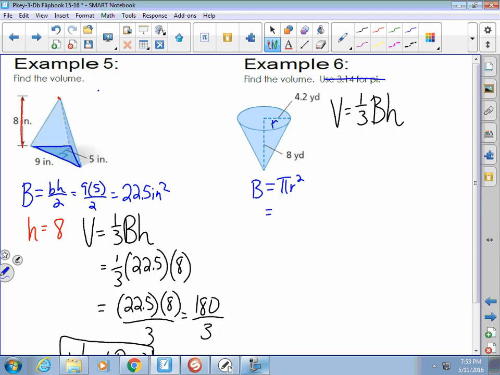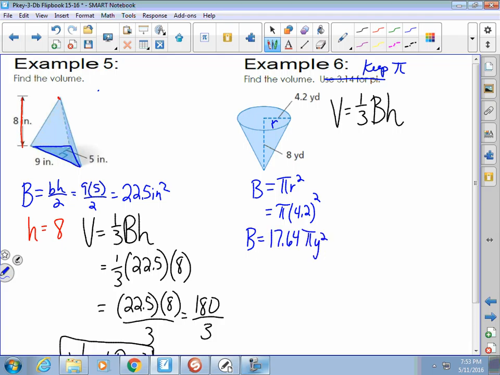So we're going to keep pi in our answer. We're not going to convert to 3.14 or round. So pi times 4.2 squared. And I think we just did this on the problem before if you were using the video earlier. So our B is going to be 17.64 pi.